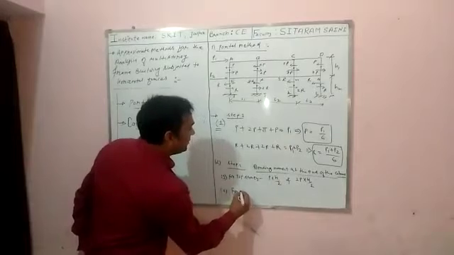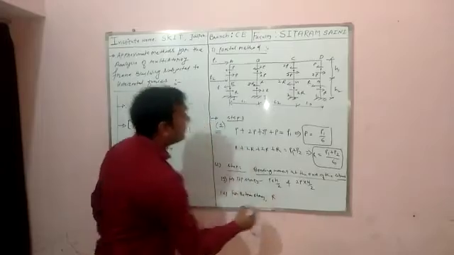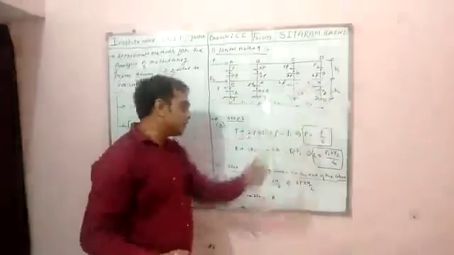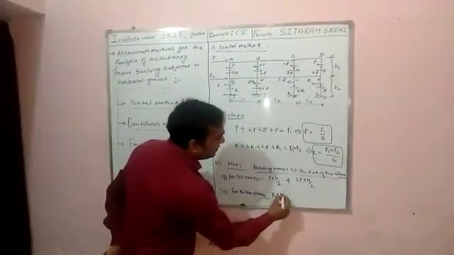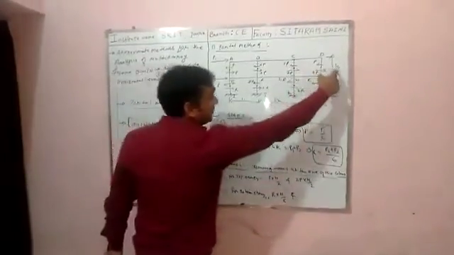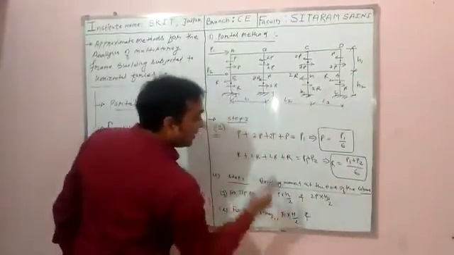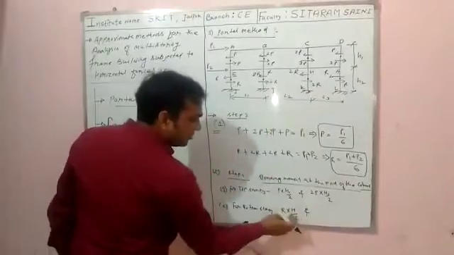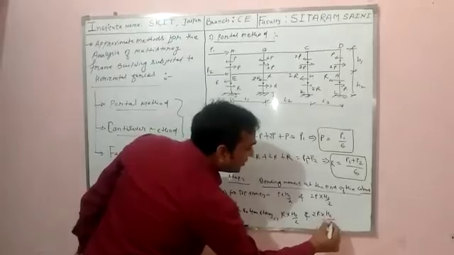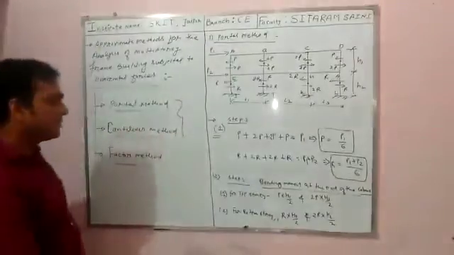For the bottom story, R into h by 2, 2R into h by 2, 2R into h by 2, R into h by 2, where h means h1 for the top story and h2 for the bottom story. In such a way, we calculate bending moment at the end of the columns.